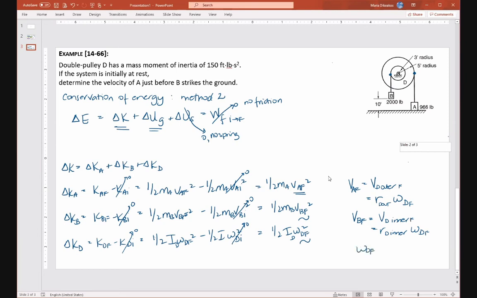So in actual fact, it's easier perhaps in this particular case to find the omega F, write everything in terms of omegas, and then go back to this equation to solve for VAF. It's your choice, really, if you want to substitute in and rearrange the V's, but it's probably easiest to keep them as omegas. Omegas are common. The three are linked through the omegas.